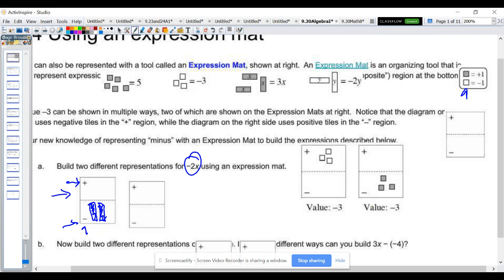Or another representation, I can throw them in the top, not shaded in, because our key tells us that means it's negative. And because there's a positive sign there, nothing happens to that sign.